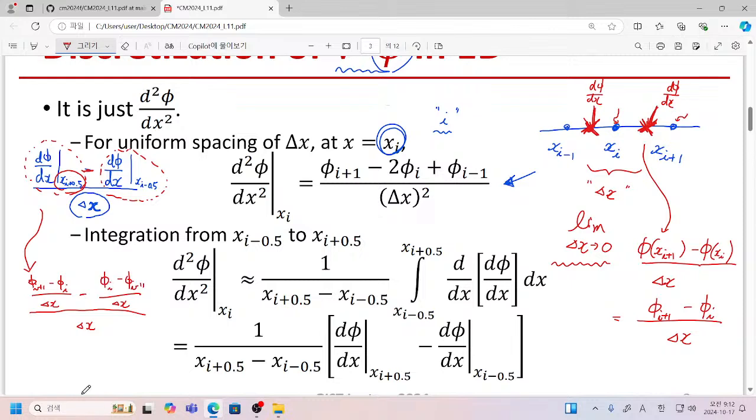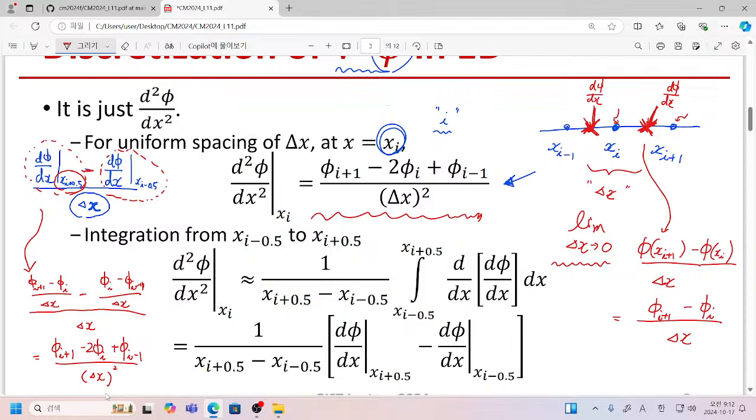Yes, so not that difficult, and when we just combine them all, then we will have square of delta x in the lower part, and here we have phi_{i+1} minus 2 times phi_i plus phi_{i-1}. That will be the expression shown here, and you know that this is valid for the uniform spacing of delta x.